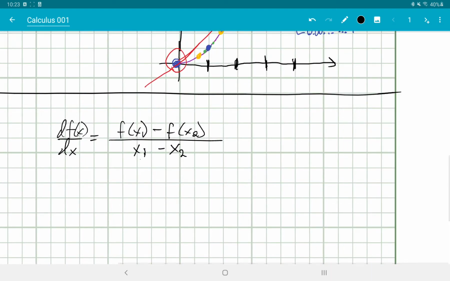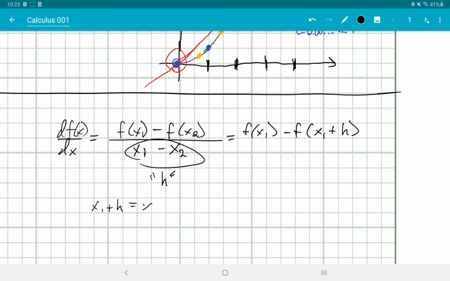So we're going to represent this with a value called h, right? So what we can actually write this as is f of x1 minus f of x1 plus h, right? Because if you take x1 plus h, that's going to equal x1 plus x1 minus x2. Sorry, minus h. Minus that, which is, of course, x1 plus x2.